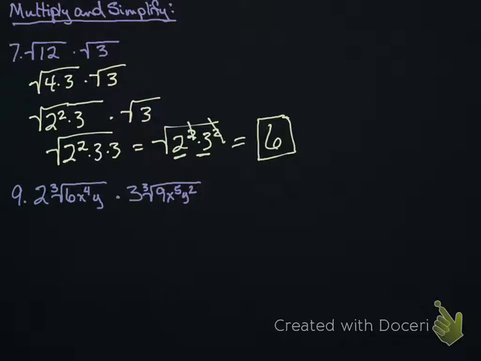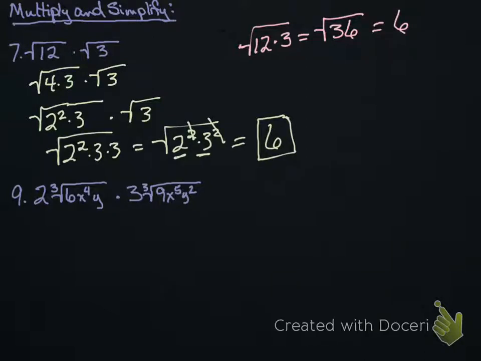You could also look at that in another way if you'd like. You could combine 12 times 3, I apologize, not 12 times 6. 12 times 3 gives me the square root of 36, and the square root of 36 is 6.